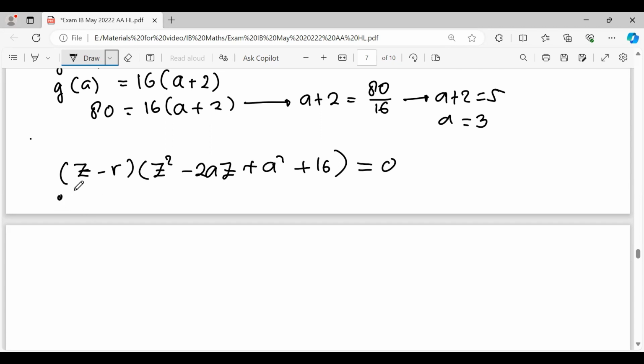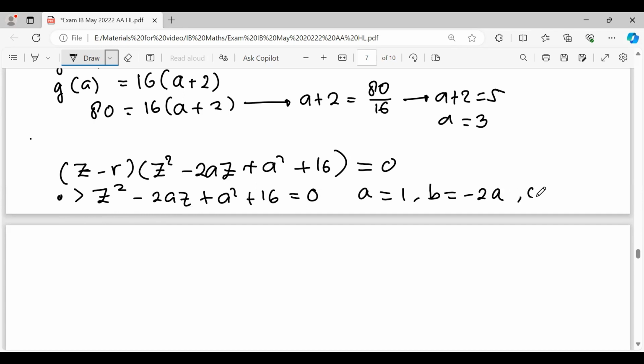This equation is from this one. And next we are going to find the roots for 0. So there are two possibilities: z minus r equals 0, or this expression equals 0. So this is a equals 1, b equals minus 2a, and c equals a squared plus 16.